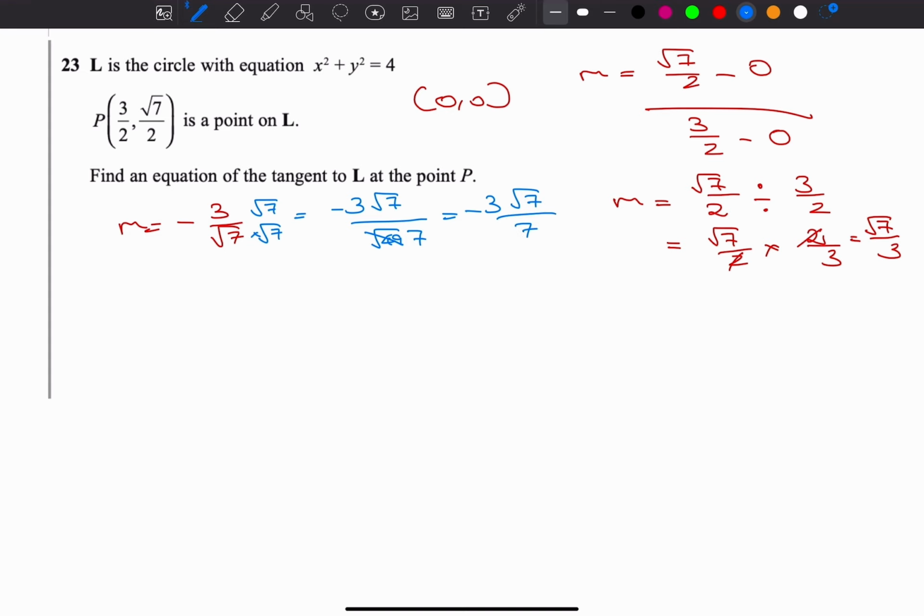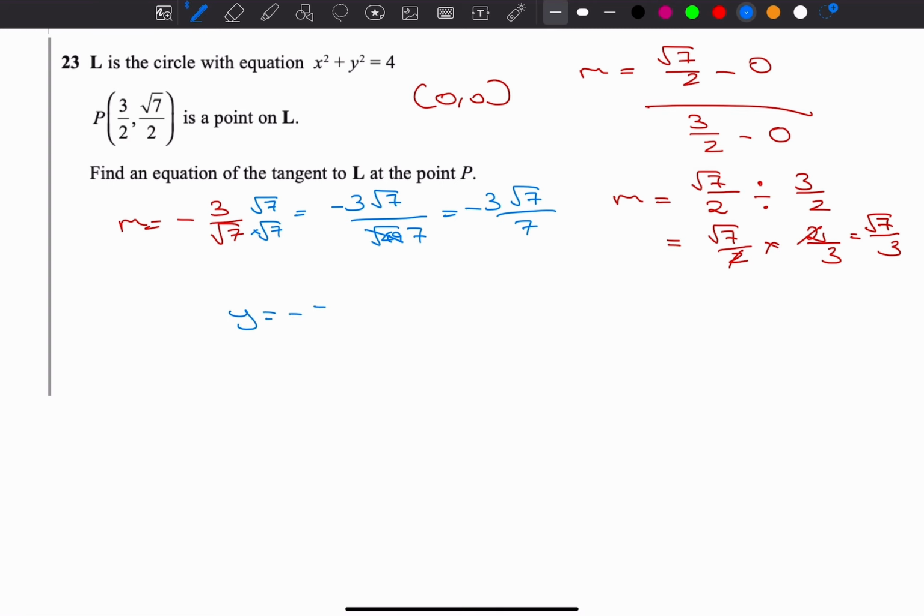So the gradient is minus 3 root 7 over 7, and y equals minus 3 root 7 over 7 x plus c.